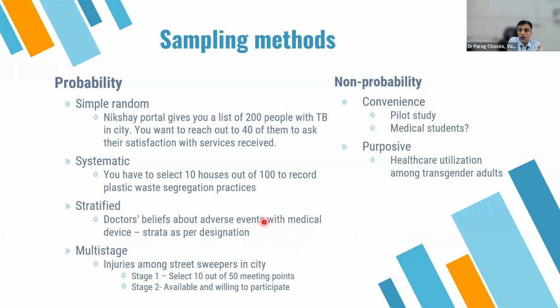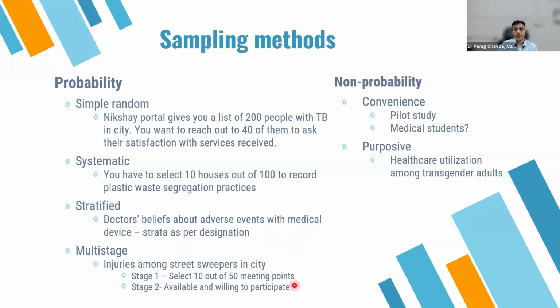Or, for example, you might say I'll take part of my sample from urban areas and part from rural areas, because I expect urban and rural differences. That's how you can potentially stratify. Or if you are interested in identifying a gender difference in your study findings, you might say half of the study sample I'll take from males and half from females. So you stratify your study sample.